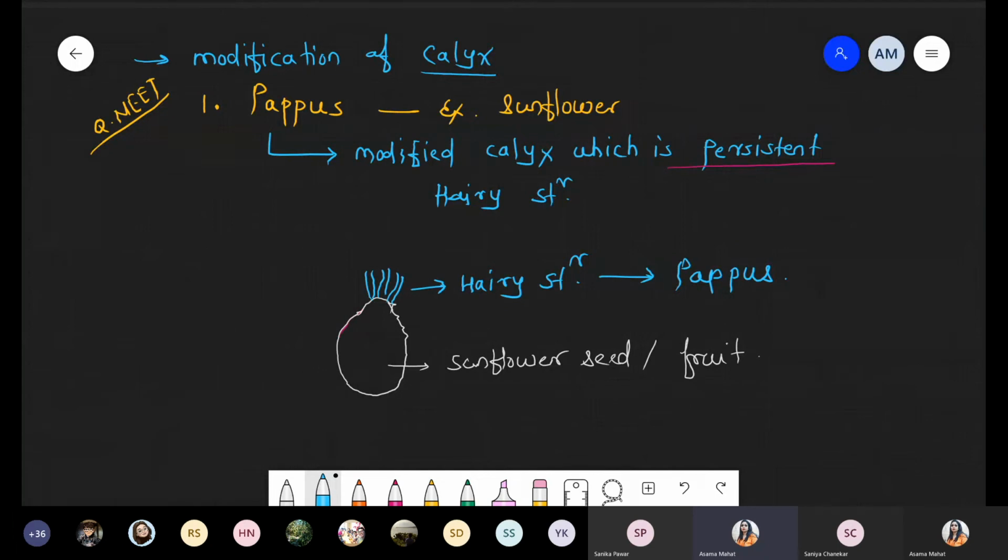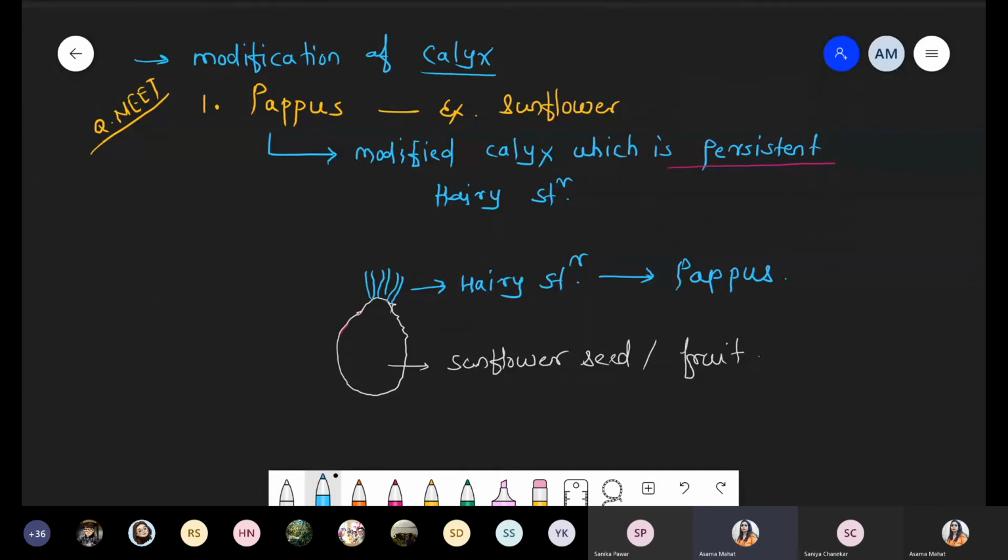Generally what happens, the flower consists of the male and female reproductive parts. After the fertilization, the complete flower is converted into fruit or seed.